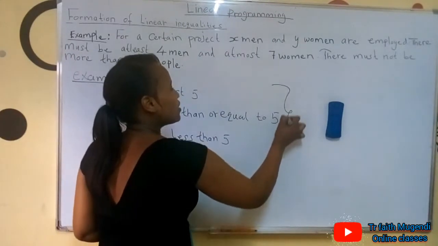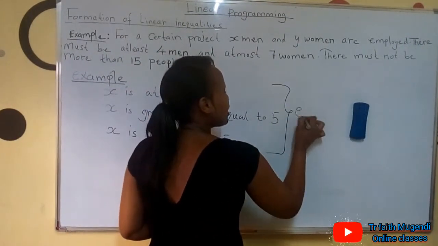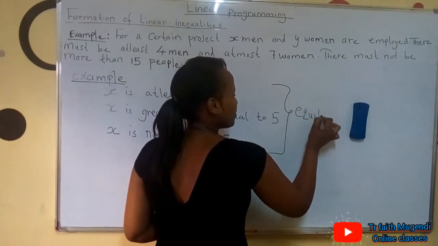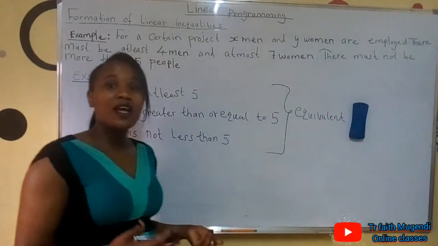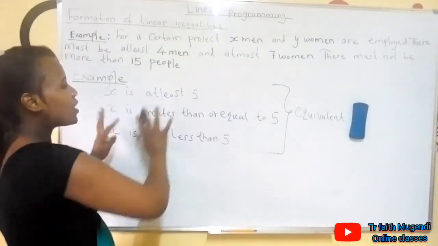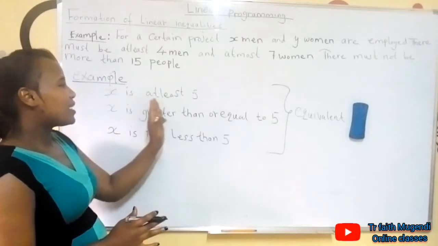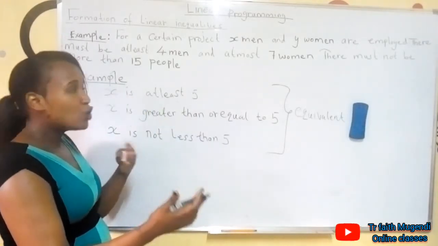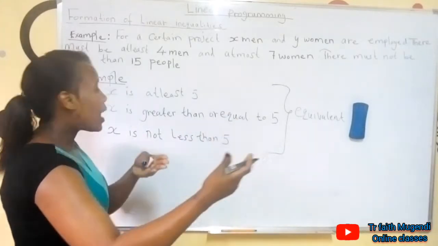All these statements are equivalent. Or in short, they are equal. So these three statements are equal. X is at least 5, so it is 5, 6, 7 going up.